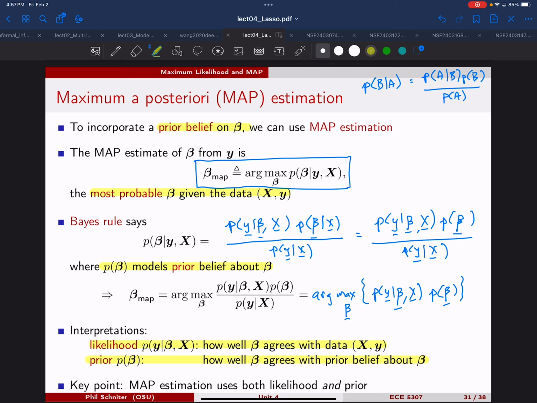So MAP estimation uses both the likelihood and prior, whereas maximum likelihood is similar, but no prior information is used or needed. Okay, so that's another nice thing. With maximum likelihood, you don't have to make any assumptions. Here you do. Okay, so that is basically MAP.